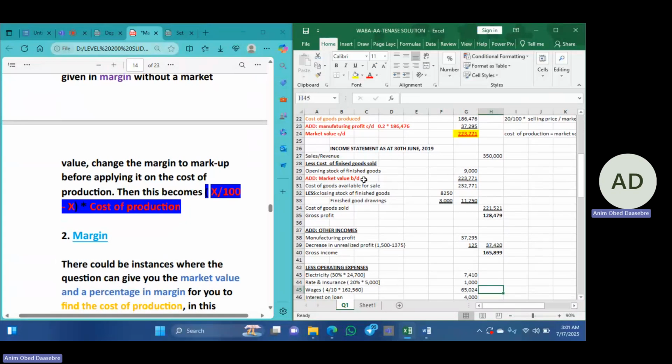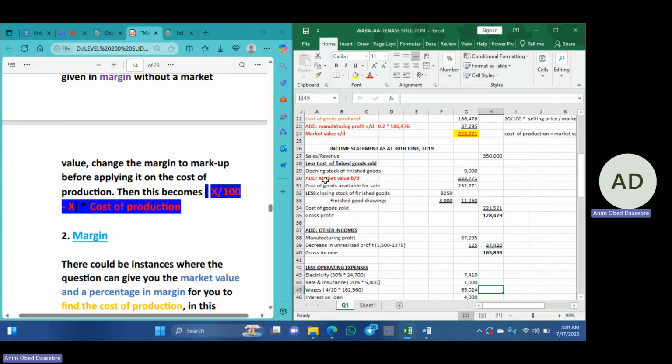Now, you see in the sole proprietor income statement, we should add purchases of raw material. But here, a manufacturing business does not do external purchases. They buy their own raw materials, then they manufacture.